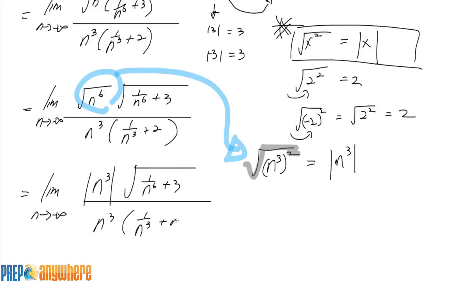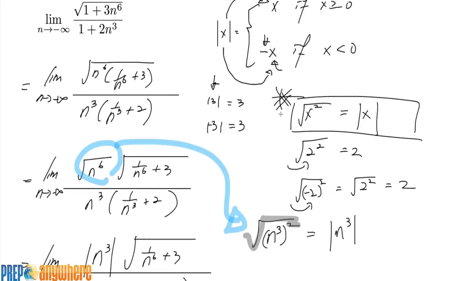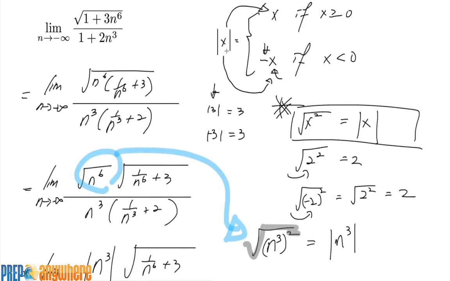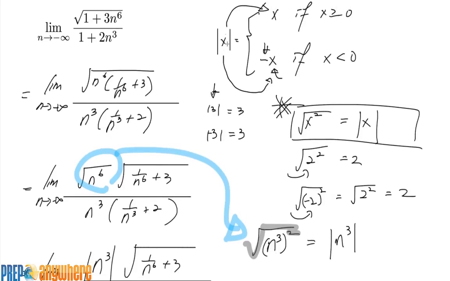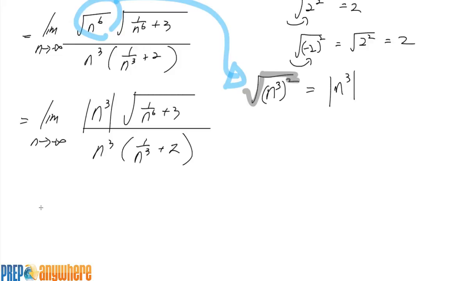And n is approaching minus infinity. Now by definition, when the input x that we're putting into the absolute value is a negative value, that's the same as minus that x. So this is the subtle and tricky part.